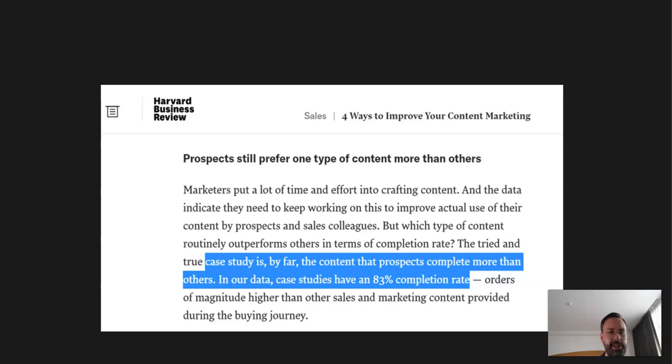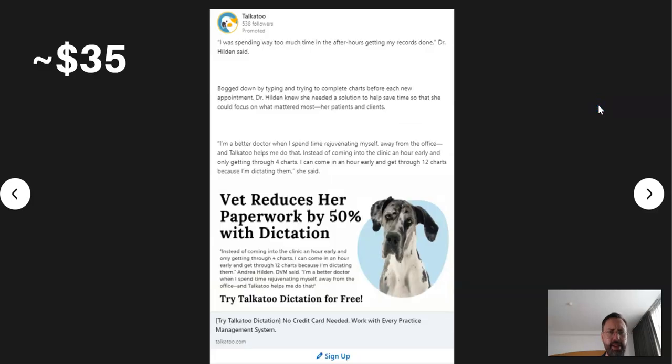We're going to talk later in detail about how to write a case study, but just keep in mind that it's one of the most effective ways to sell something in an ad, in the middle of the funnel, in various different ways. Here's an example where I applied a case study to an advertisement. We ran ads like this on LinkedIn and generated marketing qualified leads.